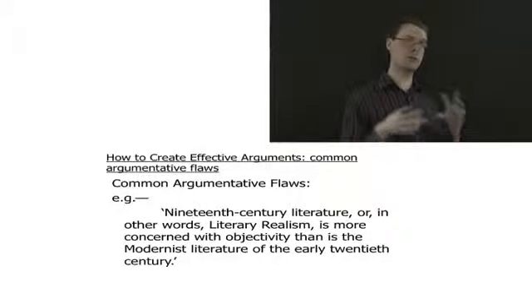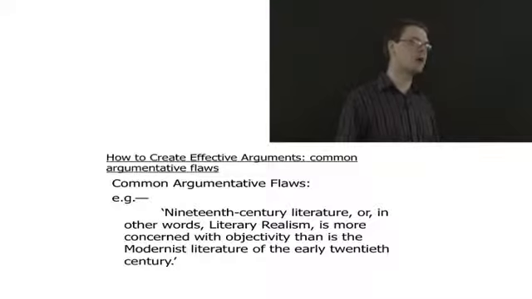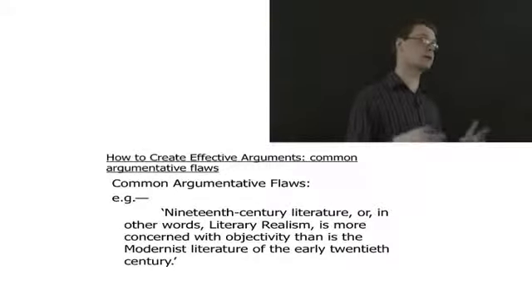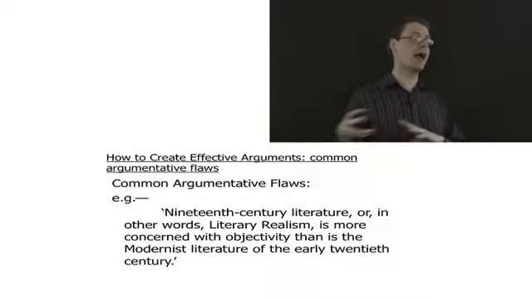Okay, now the two terms that have been conflated here are 19th century literature and literary realism. Now, those two terms are related, okay? There was a lot of literary realism during the 19th century. However, not all literature in the 19th century was literary realism, and there certainly is literary realism after the 19th century, so they are not the same.